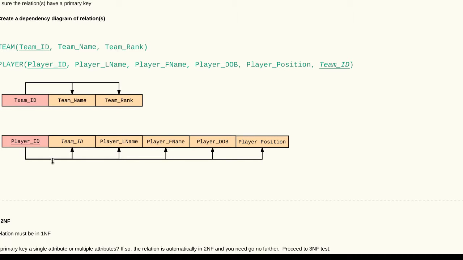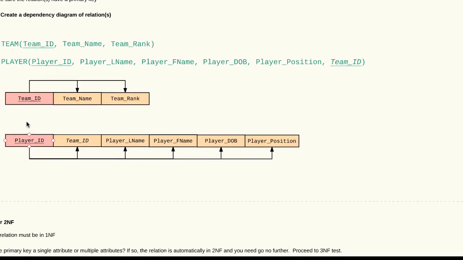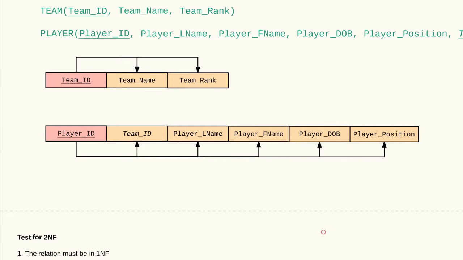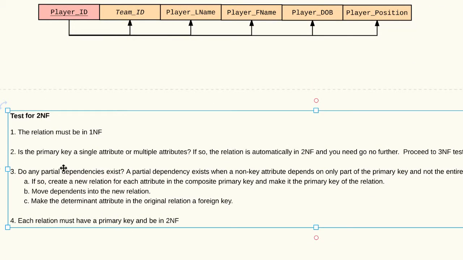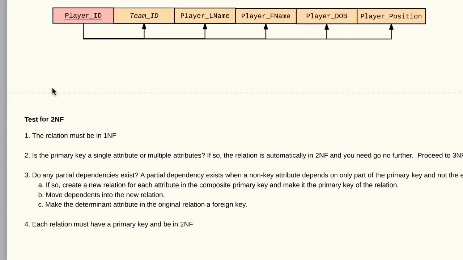So at this point, essentially, I have a complete set of relations, both of which are now in second normal form. How do I know that? Because both tables have only one primary key attribute. If you look at the test for second normal form, the relation must be in first normal form.